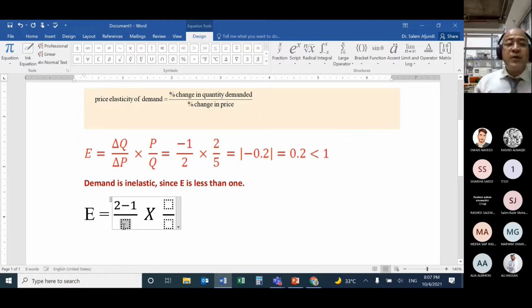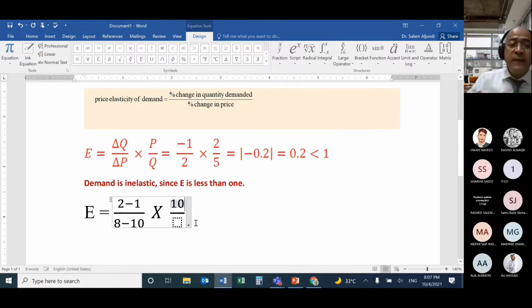And what is the change in the price? The price was 10 and became 8. So the new price minus the old price: write 8 minus 10. And here, the price, write the old price, 10. What is the old quantity? The old quantity is 1.